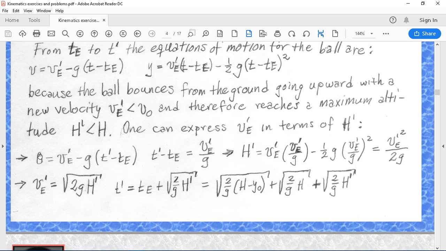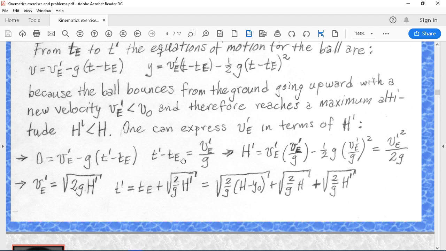So at that instant, the velocity will be 0, and then we have 0 equals ve prime minus g times t prime minus te.